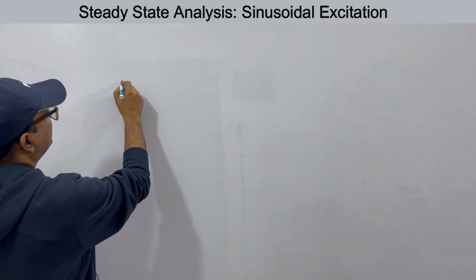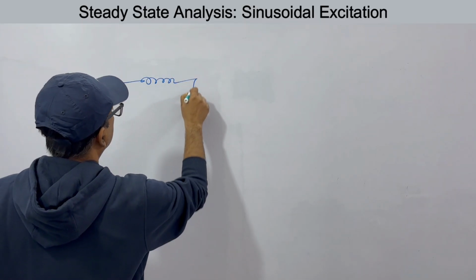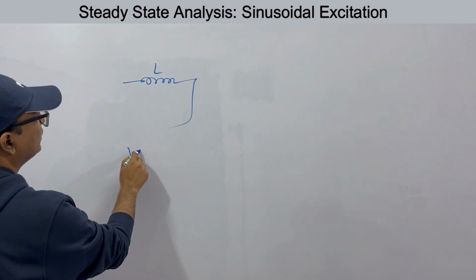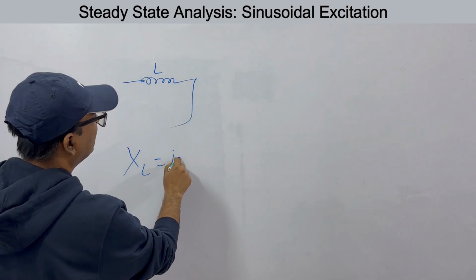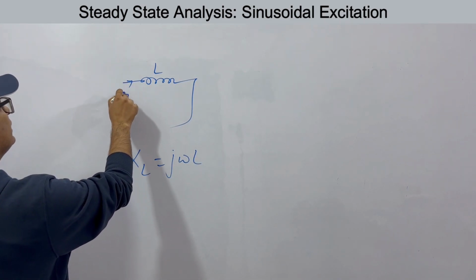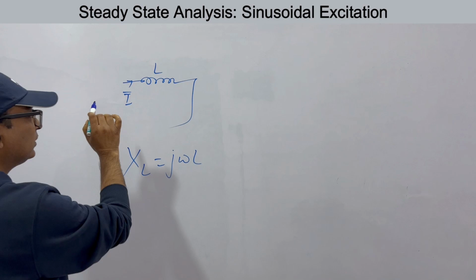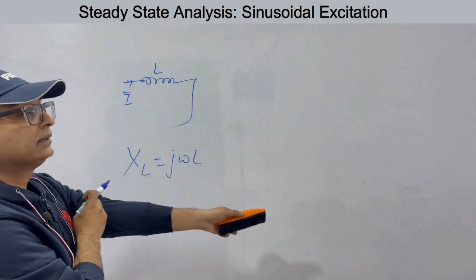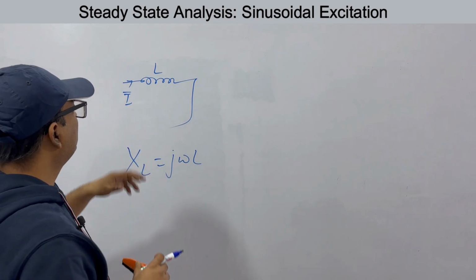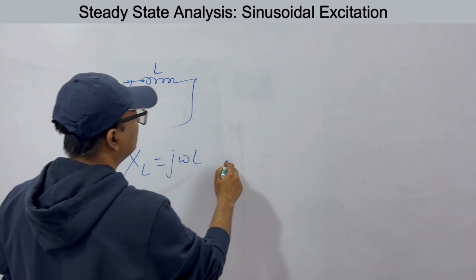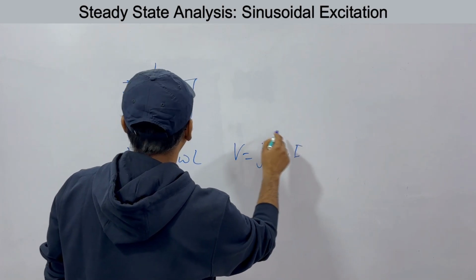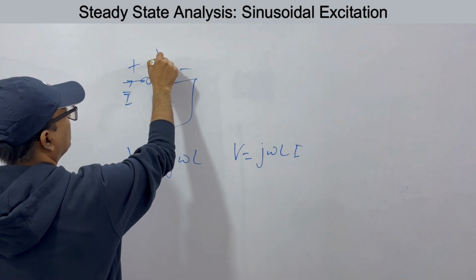So we have seen if we have an inductor L, the reactance is j omega L. If you have a current I, the bar is used to show that it has an angle also, it is a vector. Then what will be the voltage? Voltage will be j omega L into I, that is the voltage developed across this.